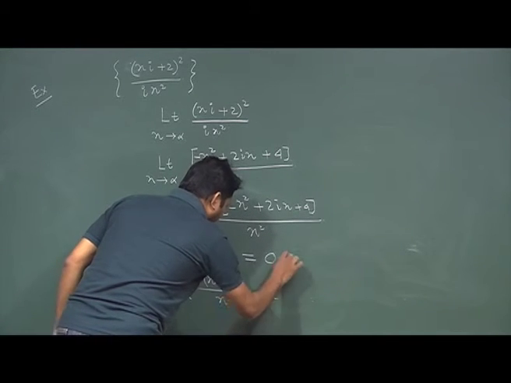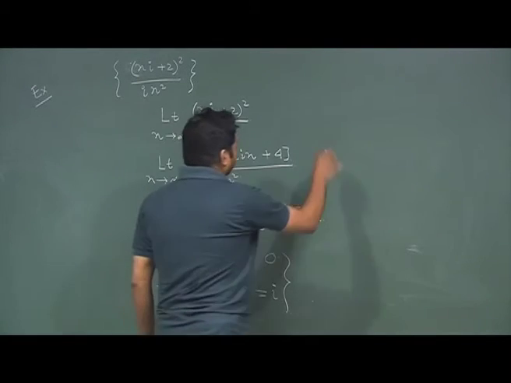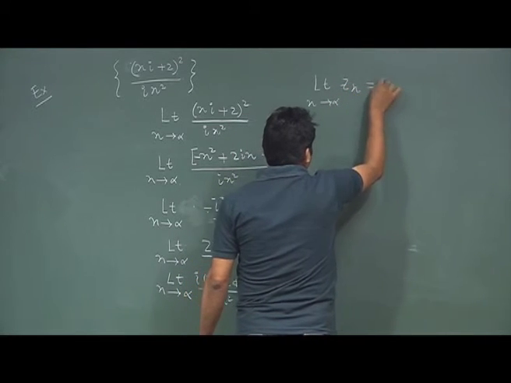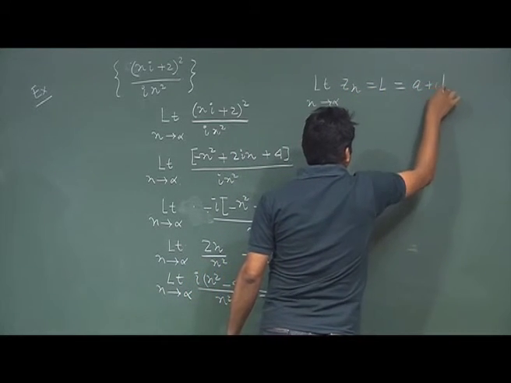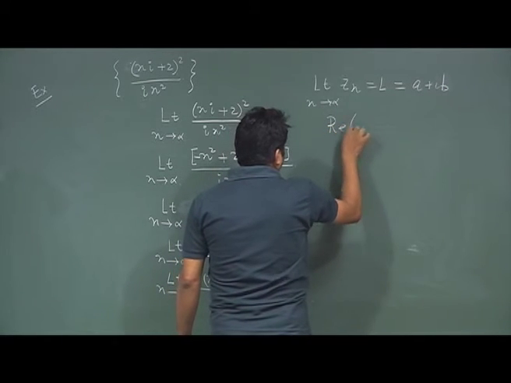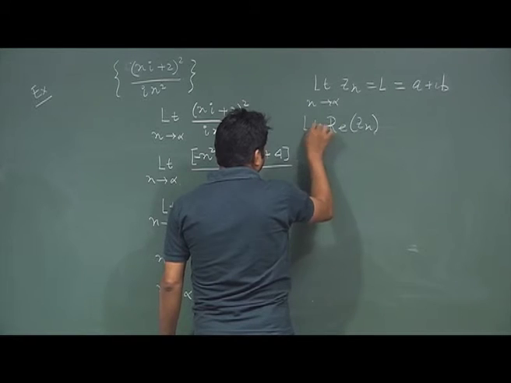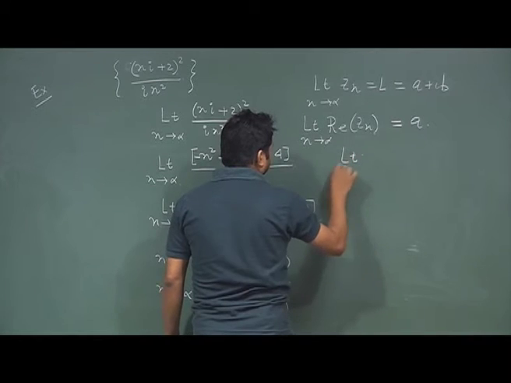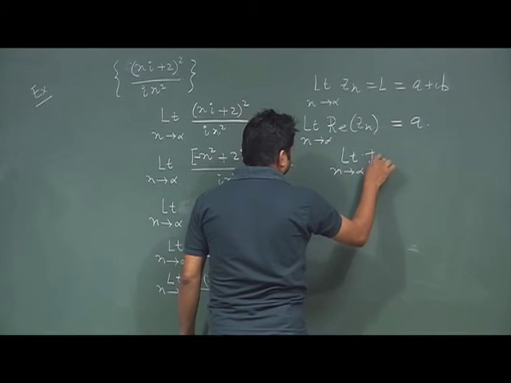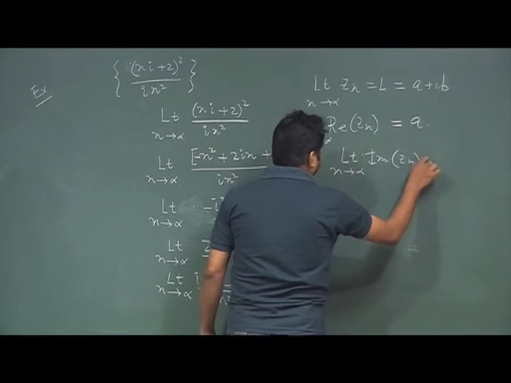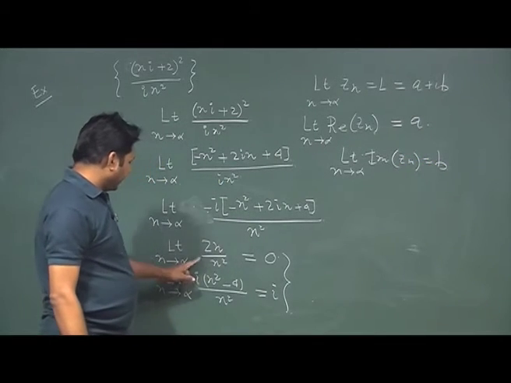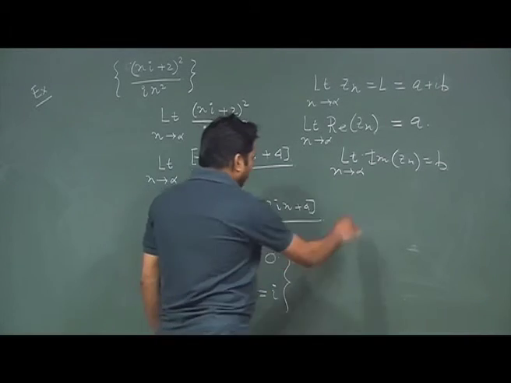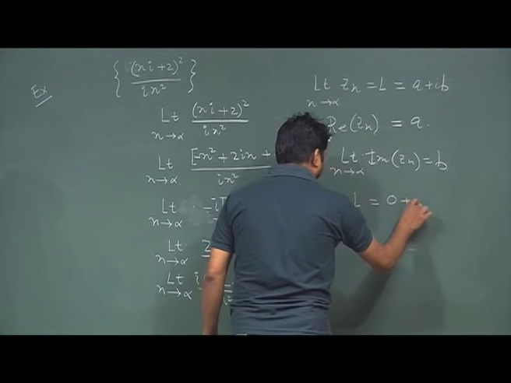So this value will be I. As I mentioned, when the limit as n tends to infinity of Zn goes to L, which is A plus IB, then the real part of Zn should go to A, and the imaginary part of Zn should go to B. In this case, the real part goes to 0 and the imaginary part goes to I. That means my L is equal to 0 plus I.